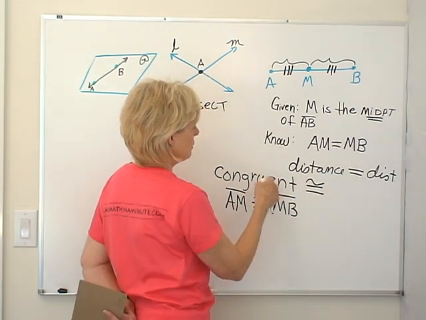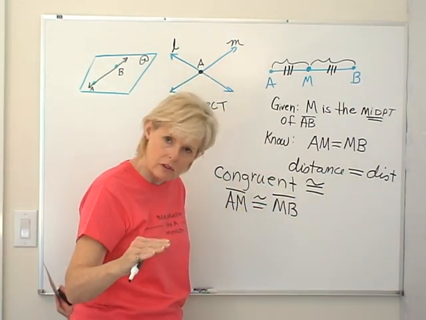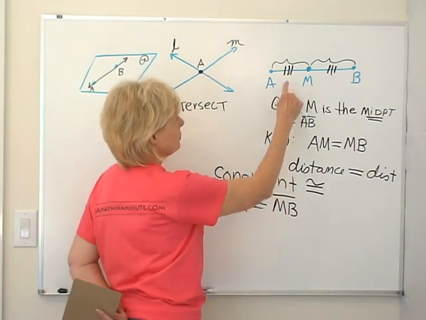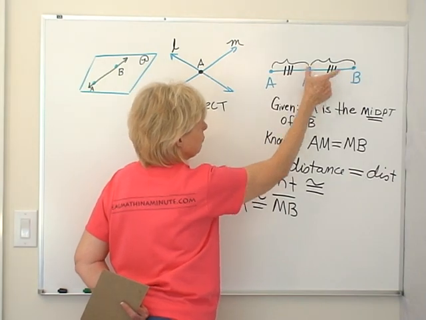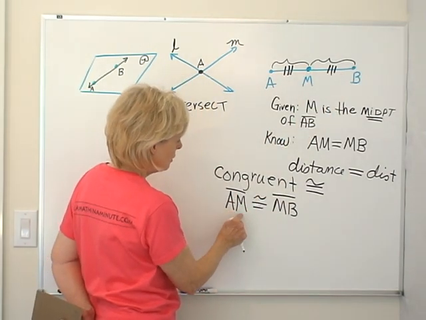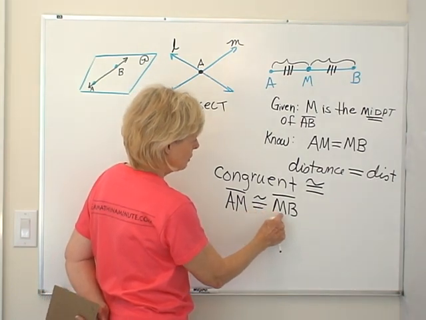And then many times we follow that up with another step and we say, it's also very obvious now, if this distance equals this one, that segment is congruent to that segment. So segment AM is congruent to segment MB.